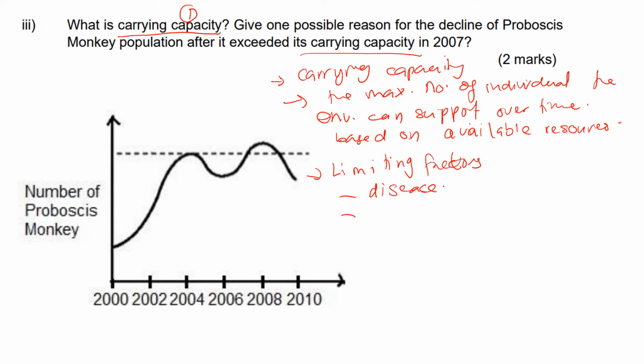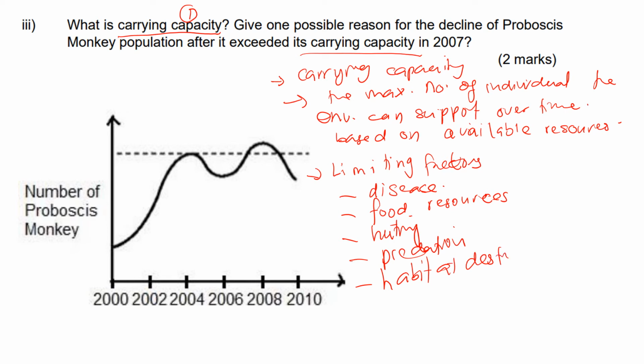The population of monkey might be infected by certain disease. And then the food available, is it enough for every individual of that population? So limited food resources, for example, hunting by human, predation, and also maybe habitat destruction. So basically limiting factors are factors that limit the ability of the population to increase in numbers. So it causes the population of the monkey to decrease.